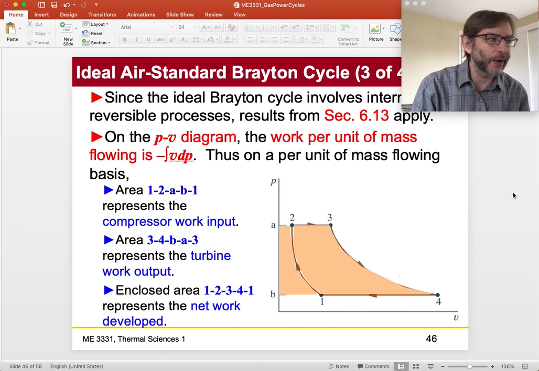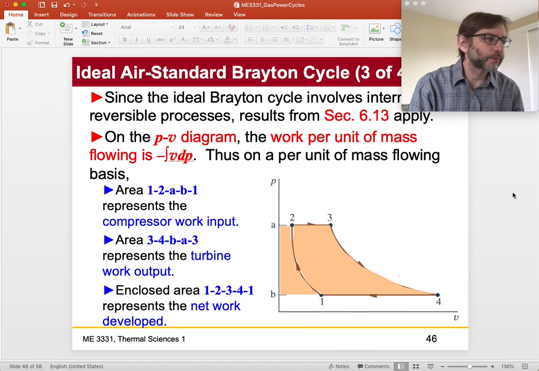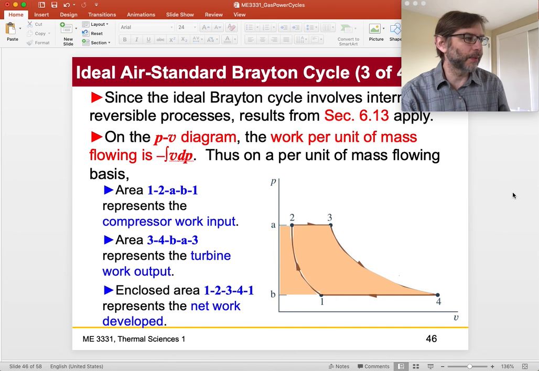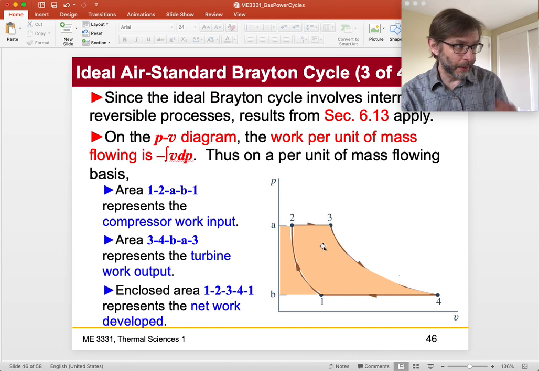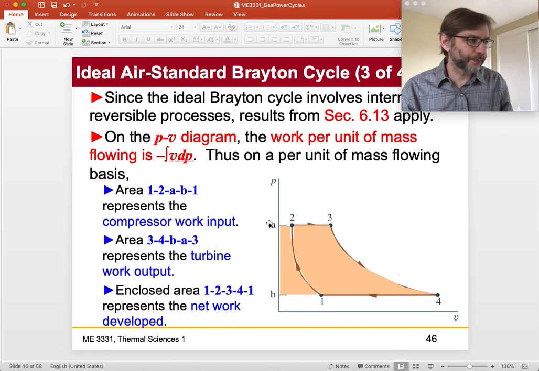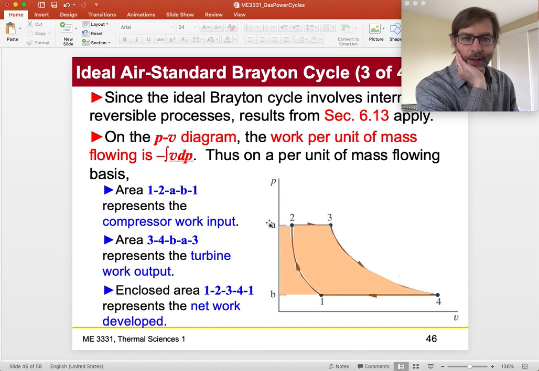Essentially, the area on the PV diagram, to the left, because it's an isentropic process, is the work that you have done, and the work within the diagram is the net work. So the area 1, 2, 3, 4, 1 is the net work. The area A, 3, 4, B, A is the overall work out, the turbine work. I hope that makes sense. That's the area under that curve to the left, because of v dP.